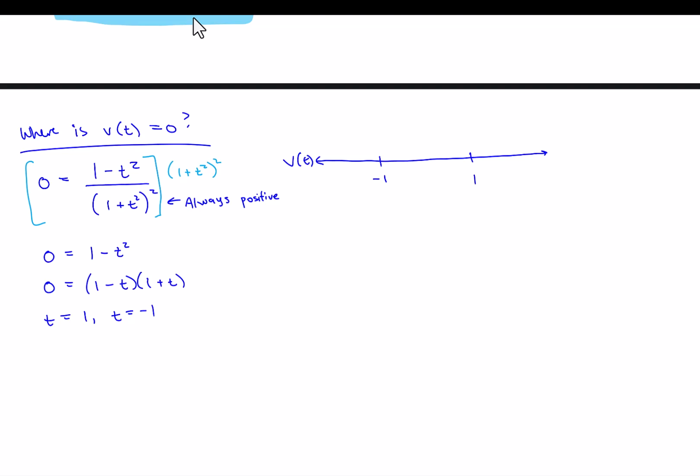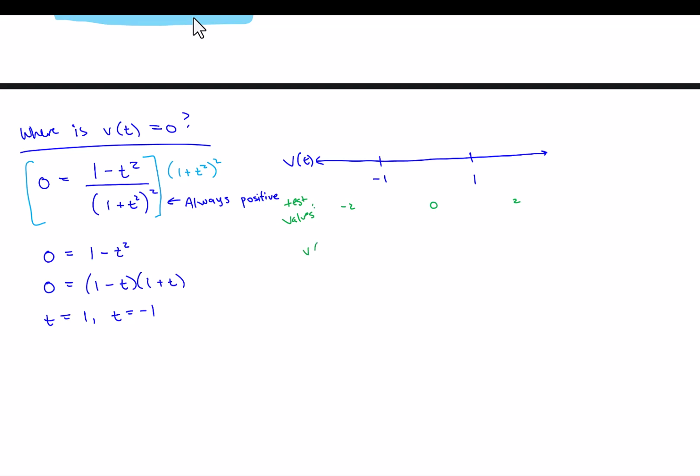If I want to know where this thing is positive or negative, I need to test some intervals. So I need to choose some test values between these intervals. So like perhaps -2, 0, and +2, and plug those into the velocity function.